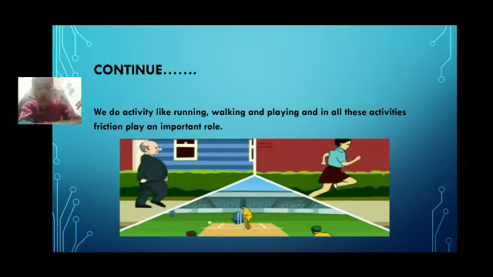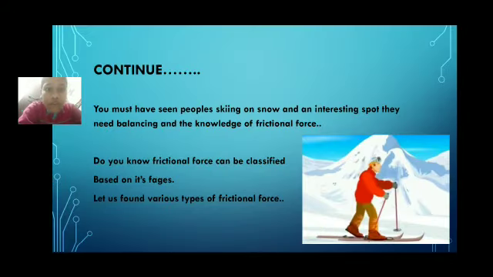Now let us go to another slide. You must have seen some people skiing on snow, an interesting sport. They need balancing and the knowledge of friction force. Balance is the most important thing in skiing and in skating.